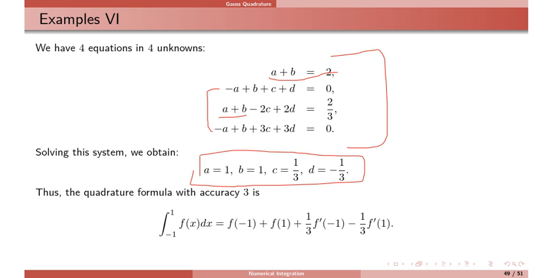So your formula is a f at minus 1, with a is 1, b is 1, c is 1 by 3 and d is minus 1 by 3. So this is the required formula, which has 4 points and 4 unknowns a, b, c and d.